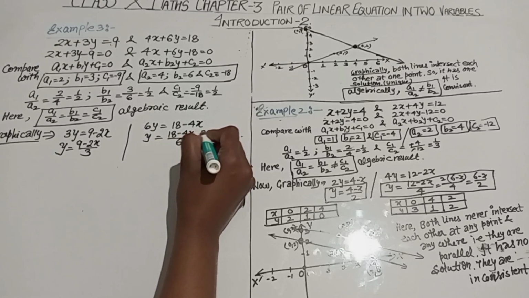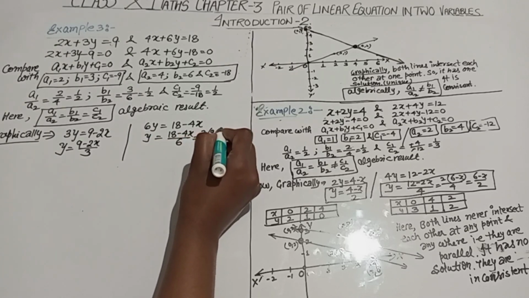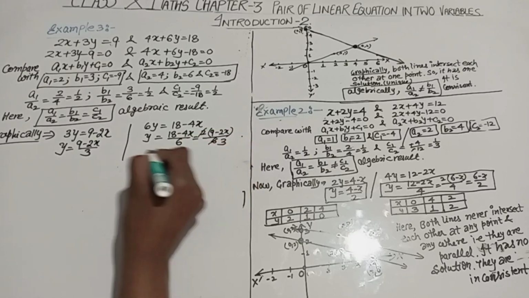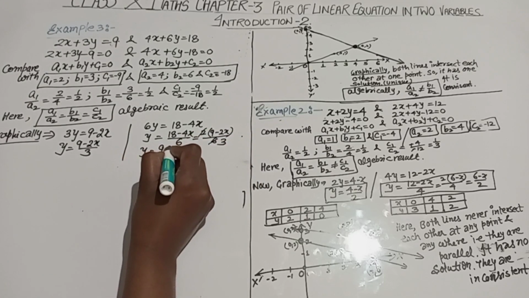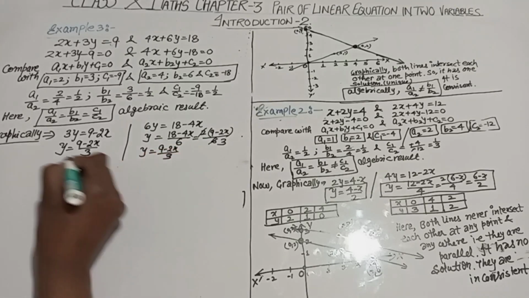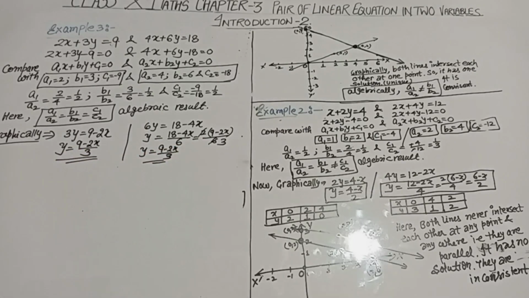You take the common factor 2 out, 9 minus 2x upon 6 becomes 3. So y is equal to 9 minus 2x upon 3. You can observe that both are the same. Okay, both are the same.